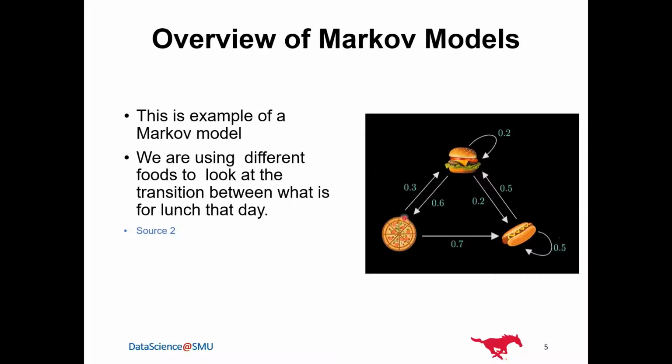Based on what had occurred the day before, you can see that there's a 0.3, or 30%, chance of having a hamburger the next day, or a 70% chance of having a hot dog for lunch the next day, and both of those equal 1. Or if you have a hamburger, you have a 20% chance of having a hamburger the next day. So this is a simple Markov chain.